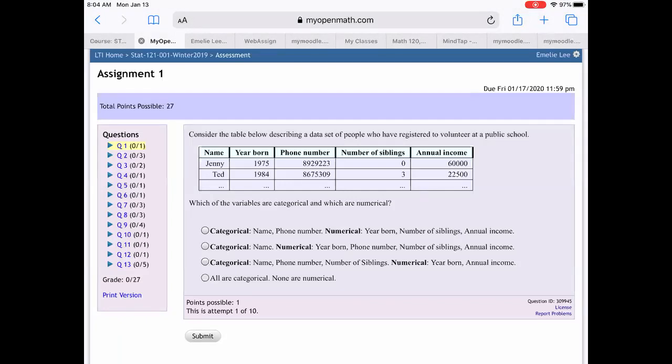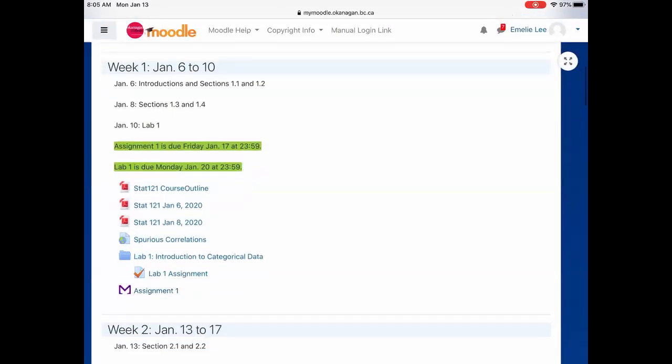So this is just like in-class assignment. The one with the M on it is just the in-class assignments, right? And then there's a lab assignment. So there'll be separate marks, right?